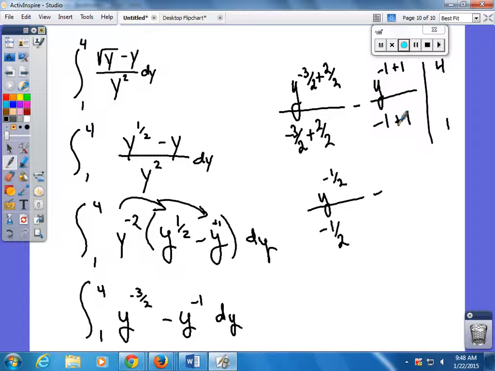Ln of y. Yes, exactly. I was doing the power rule. I'm sorry. That would be the natural log of y, because du over u. So you're right. This is du over u. Rewrite this as 1 over y, and that's du over u.